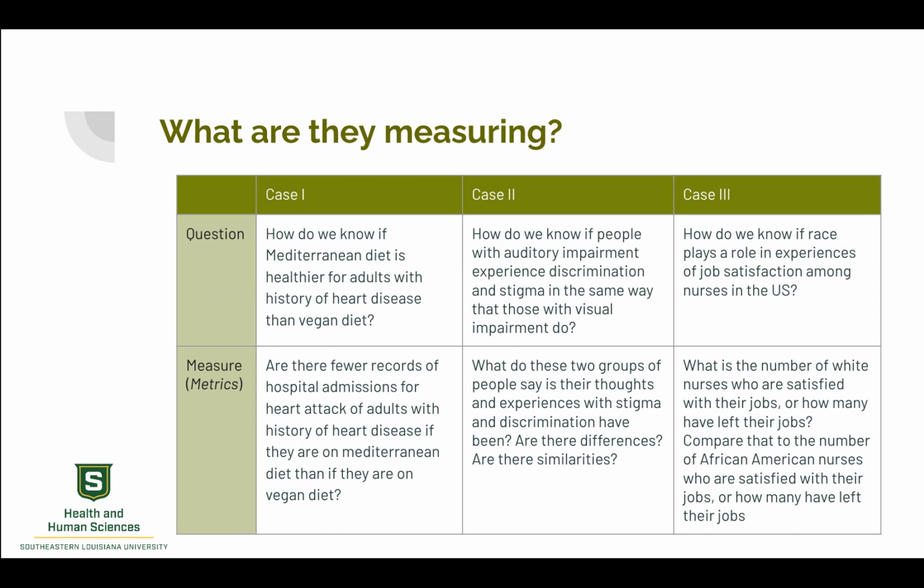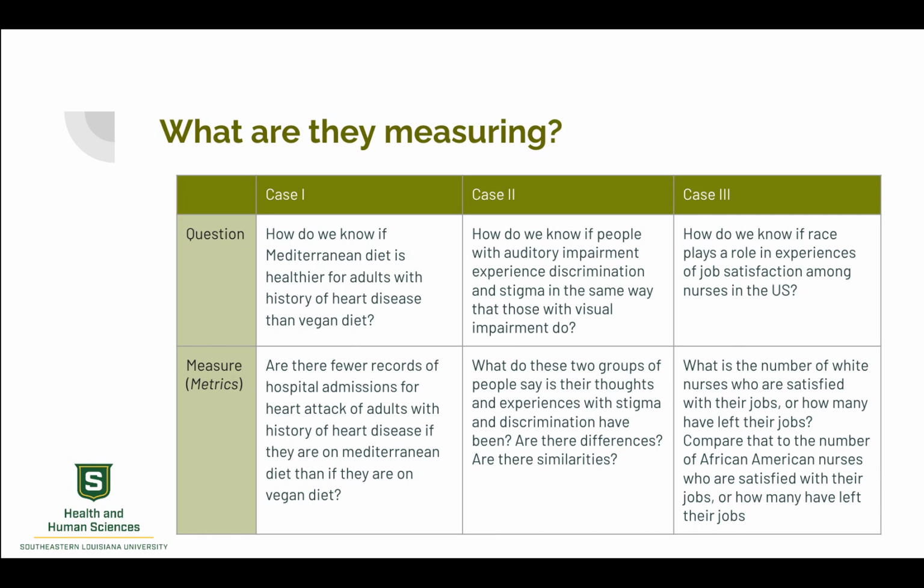With case one, the question the metrics are trying to answer is how do we know if Mediterranean diet is healthier for adults with history of heart disease than vegan diet? I'm using vegan diets as an example in this case. This is not what science is saying. This is just an analogy. So there's the question that the metrics are trying to answer, right?